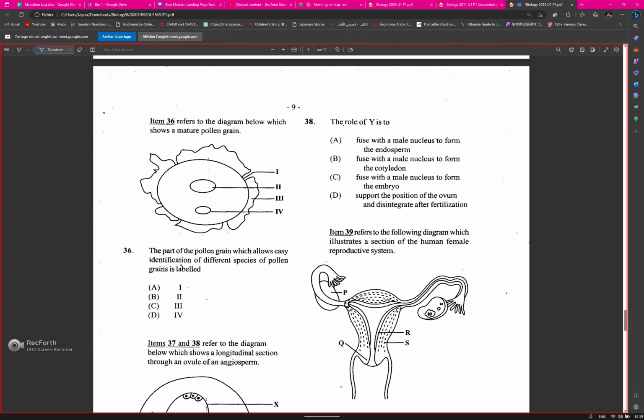The part of the pollen grain which allows easy identification of different species of pollen grain is labeled. So we're saying 3. We agree with 3.